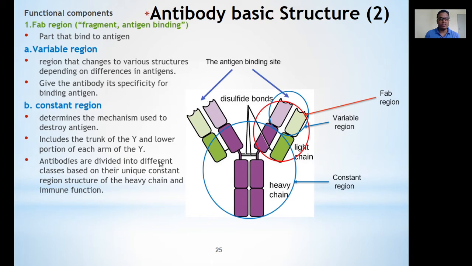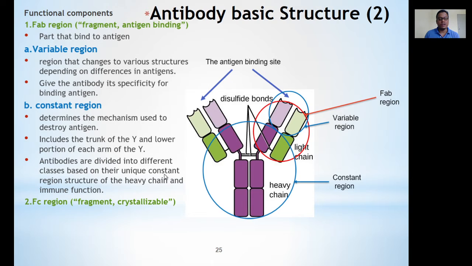Antibodies are divided into different classes. Here we have 5 classes of antibody: IgG, IgM, IgA, IgD, and IgE. This is based on their unique constant region structures. So how we classify the antibodies into 5 different classes is based on the shape of the constant region of the heavy chain and also their immune function.